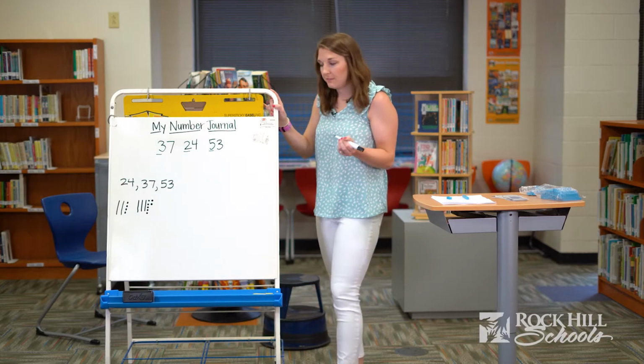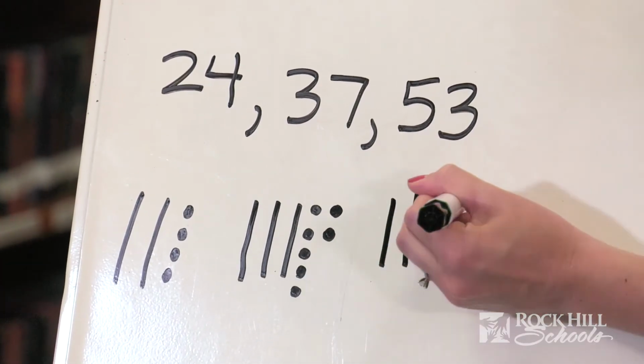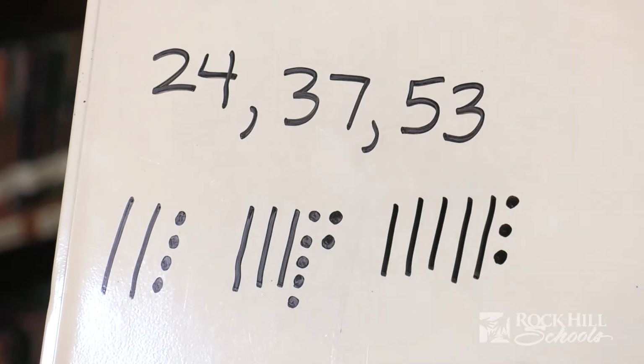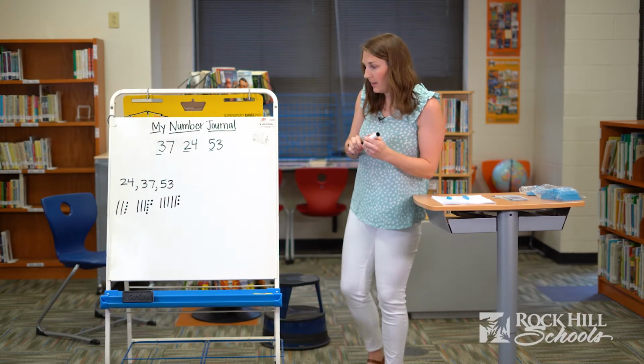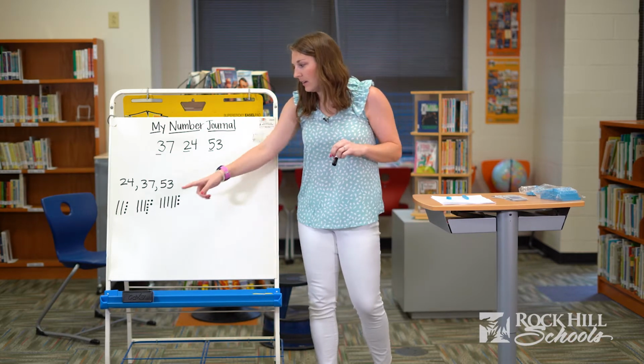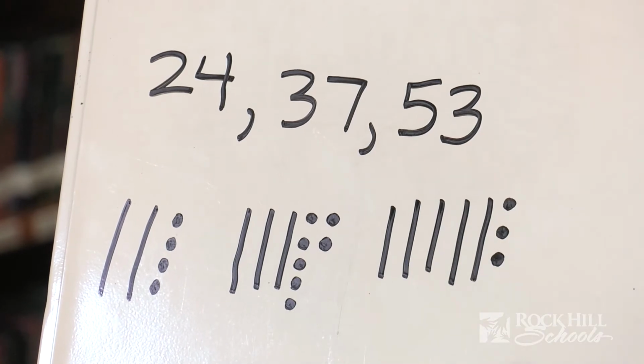And then for 53, we have 5 rods and 3 units. So you can even double check your least to greatest with your base 10 blocks to see we have 2 rods, 3 rods, and then 5 rods.